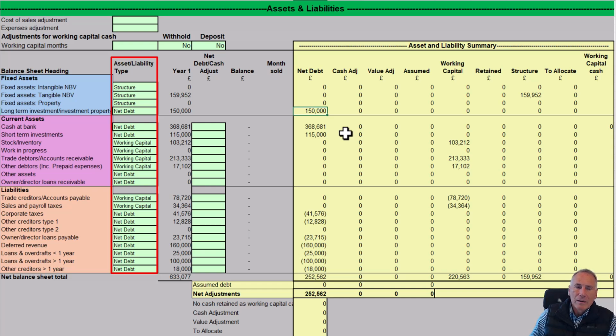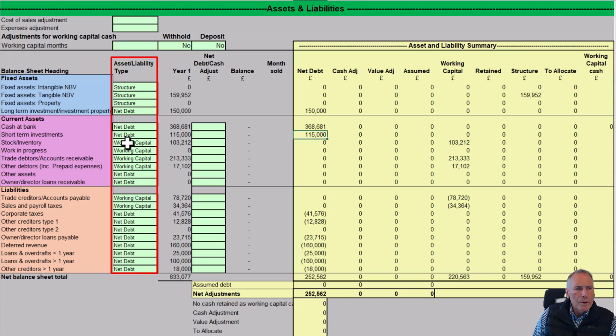So that effectively belongs to the owner and should be paid for separately, over and above what you pay for the business or the business profit multiple. The same applies to the cash at bank, and we'll come back to that, because it doesn't always apply that the whole amount gets paid to the business owner. Similarly, short-term investments. Without those, the business would be able to carry on running.